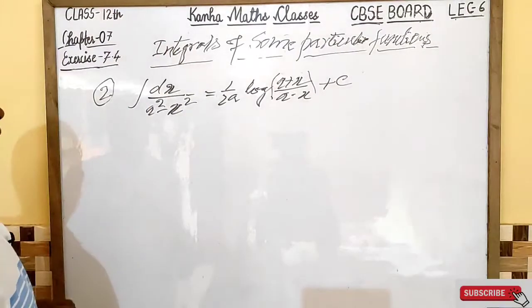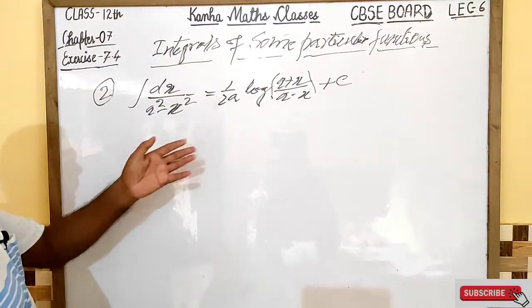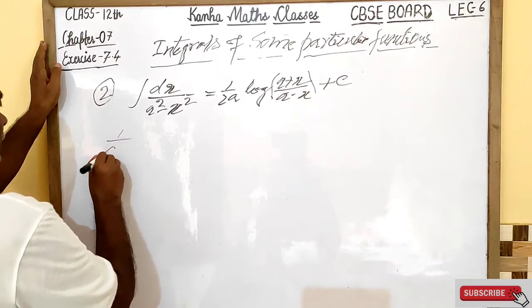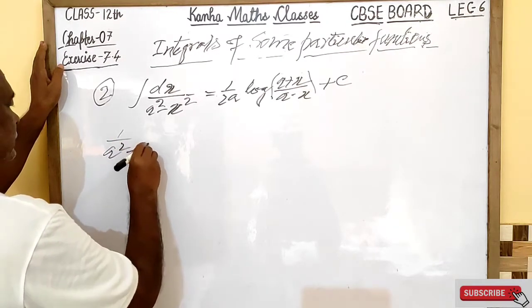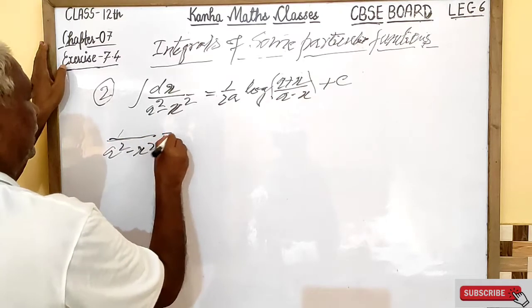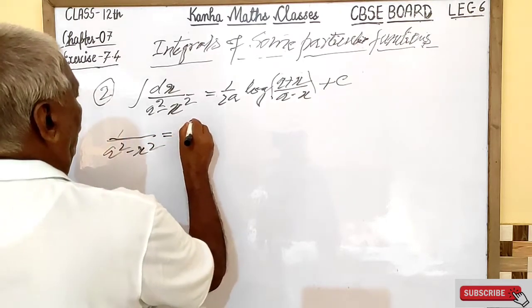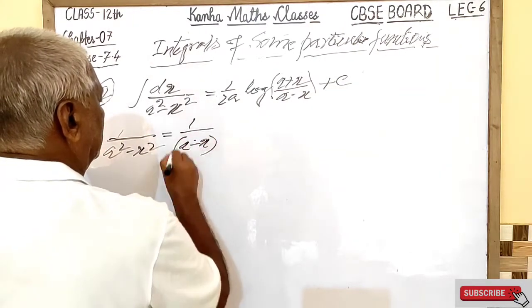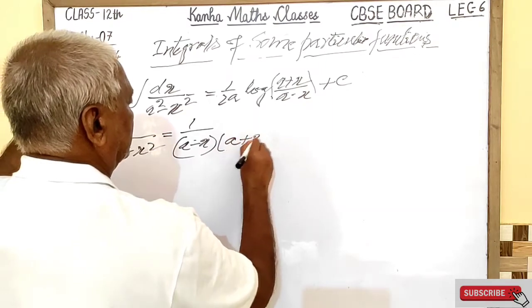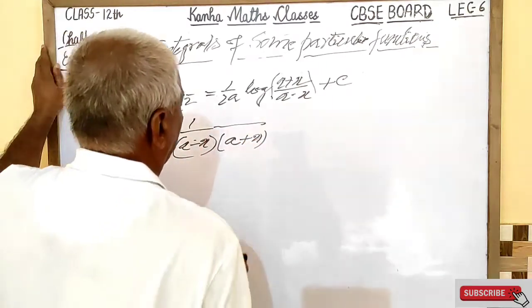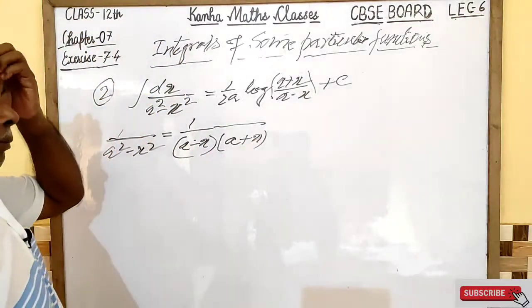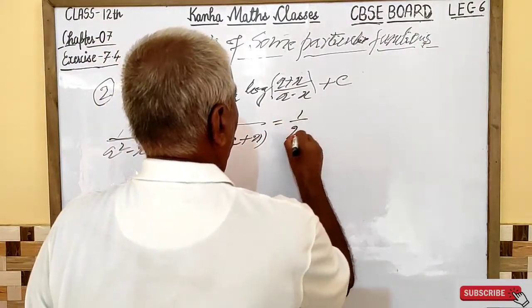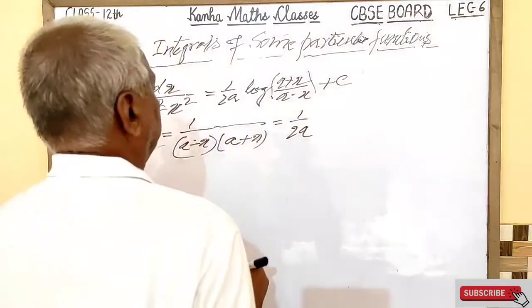Here also, like the formula previously mentioned, we write 1 upon a square minus x square in terms of factors, 1 upon a minus x into a plus x.